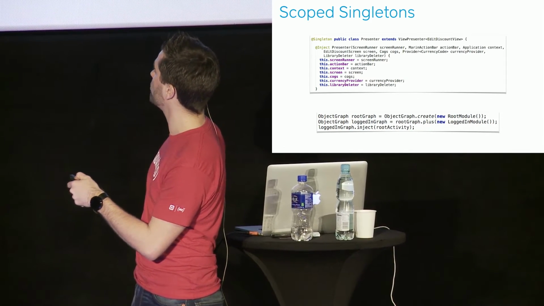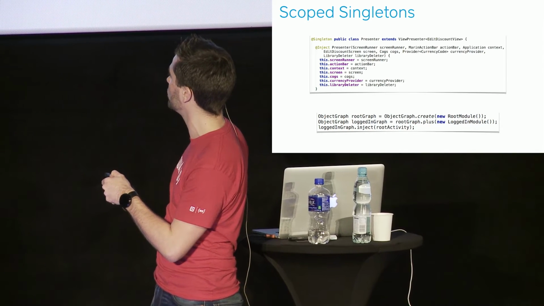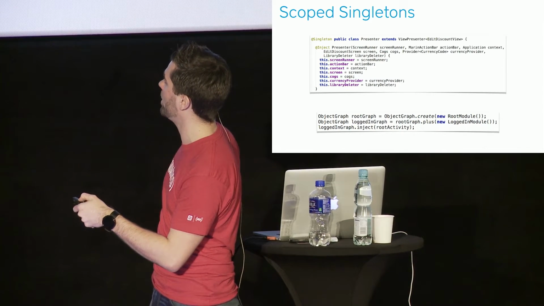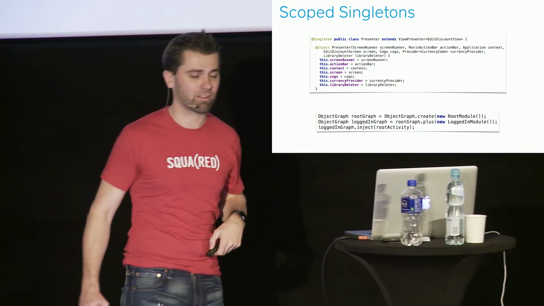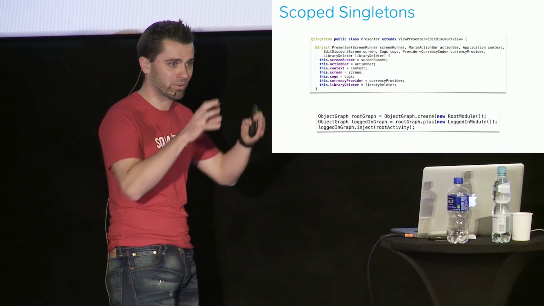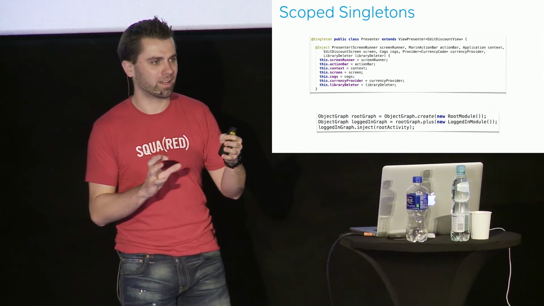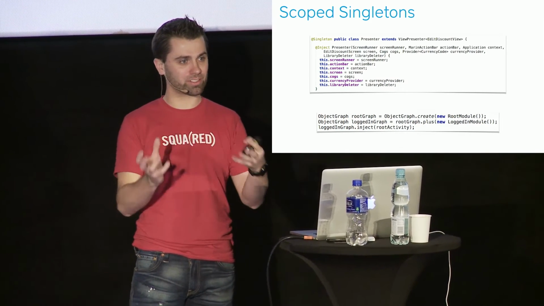So basically, I have the root graph, and I'm going to create a new subgraph with this module, these extra definitions, and then I can do stuff with that graph. So that's how we handle that. So every single screen has a dedicated object graph that contains all the singletons for that.